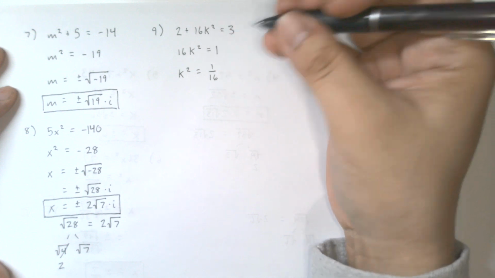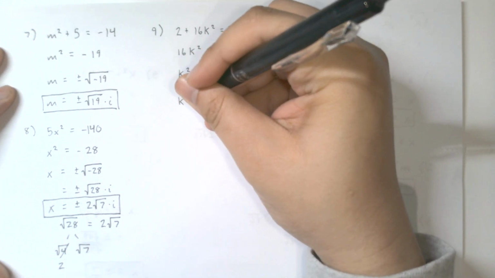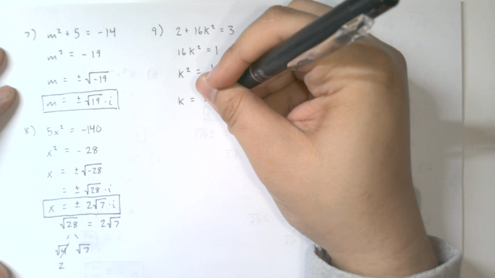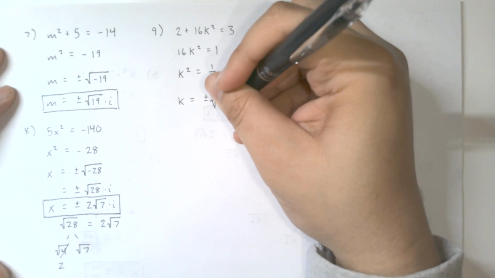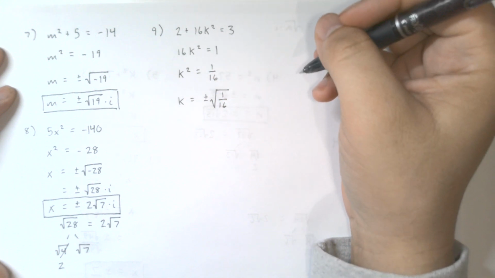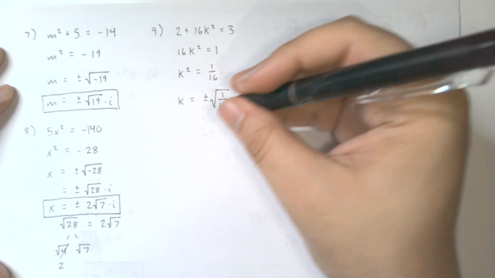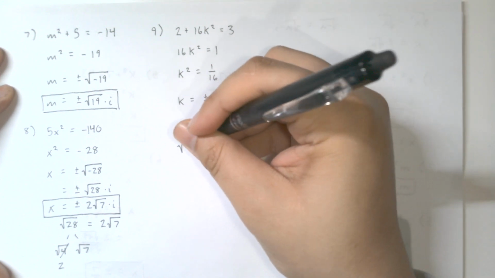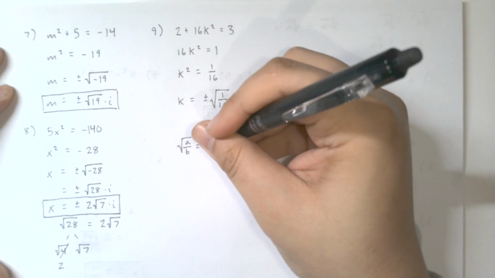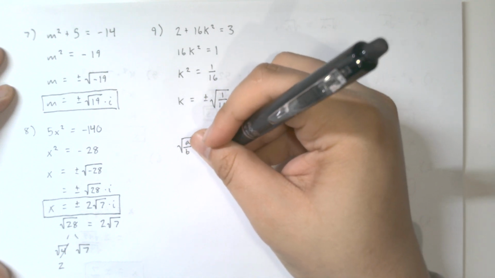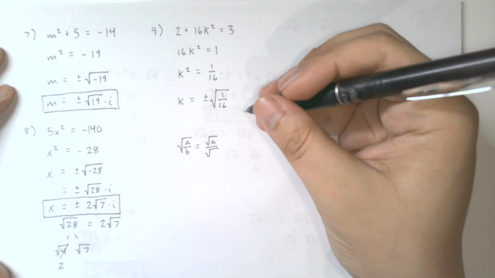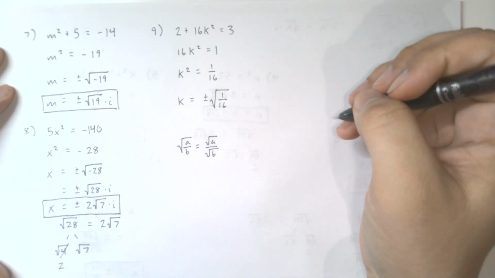And then we take the square root of both sides. We have k is equal to plus or minus the square root of 1 over 16. So we again want to use that property where the square root of a over b is equal to the square root of a over the square root of b.